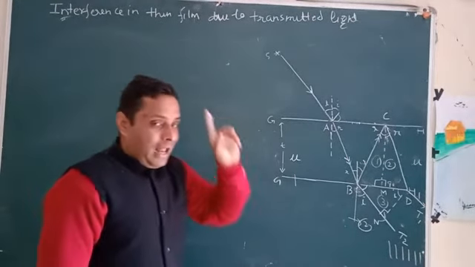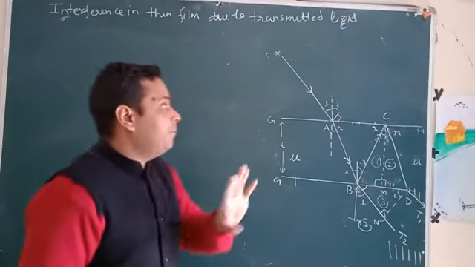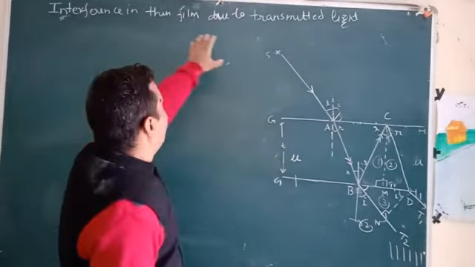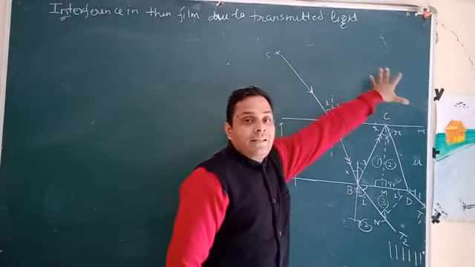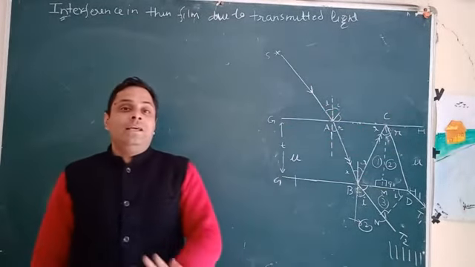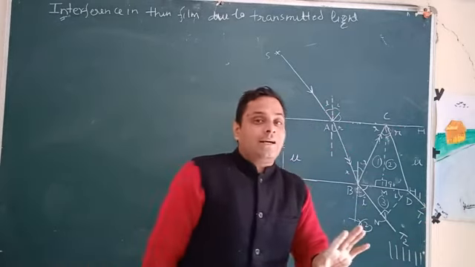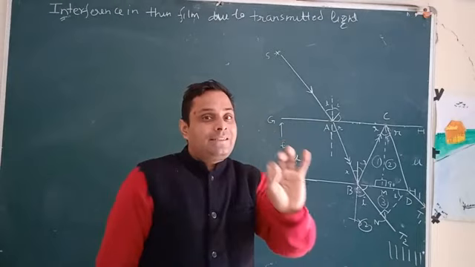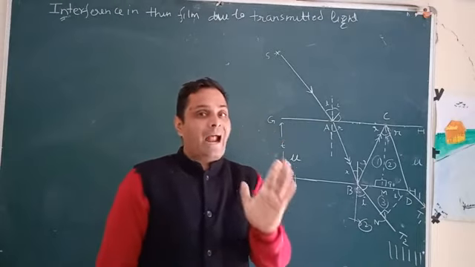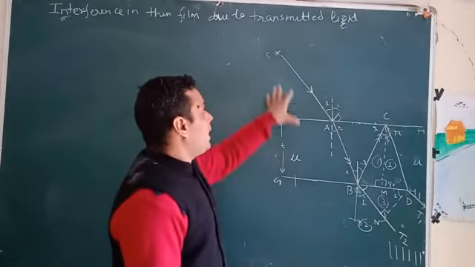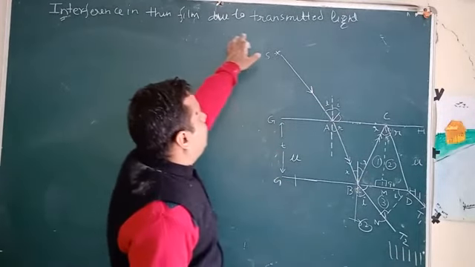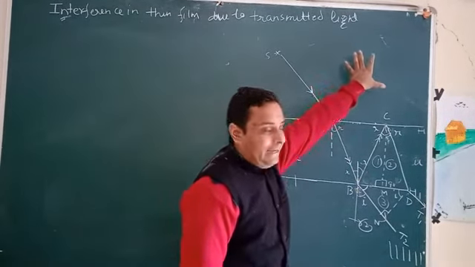In the last lectures we studied the interference pattern in thin film due to reflected light, and calculated the conditions of constructive and destructive interference, that is the bright and dark fringes. Today we will discuss interference in thin film due to the transmitted light.